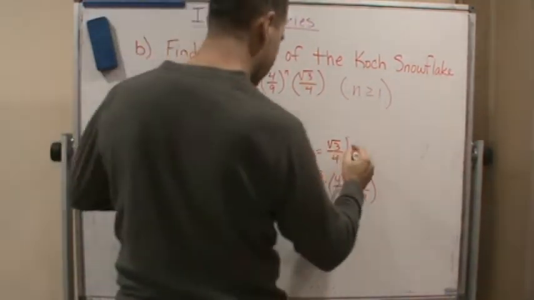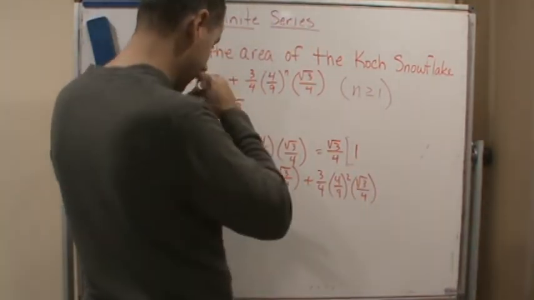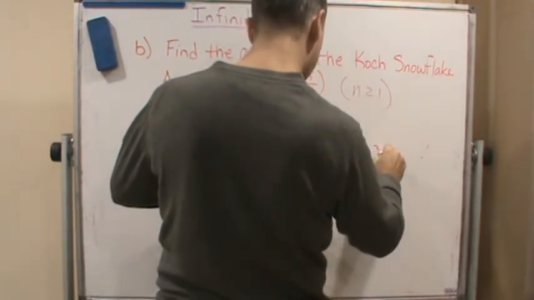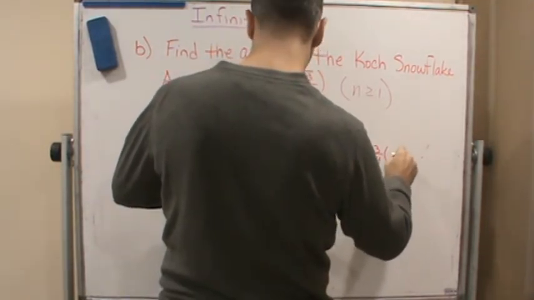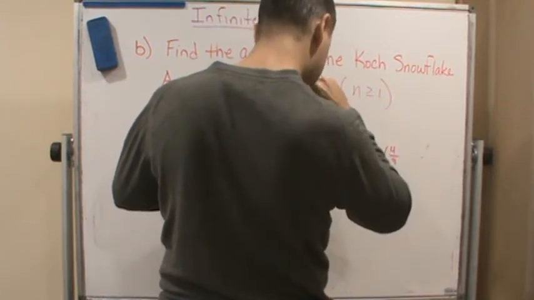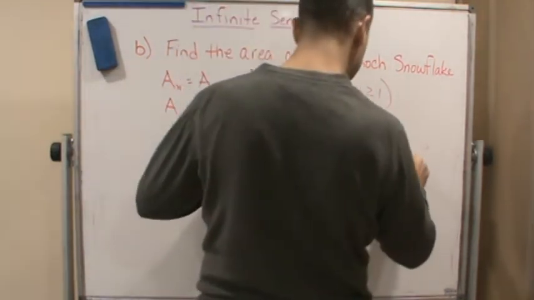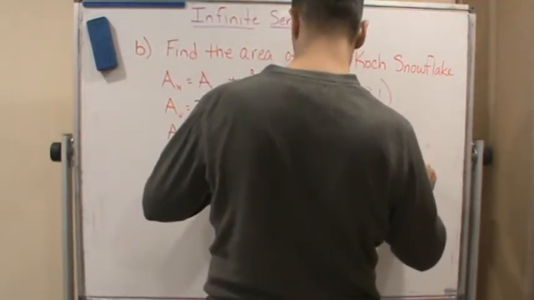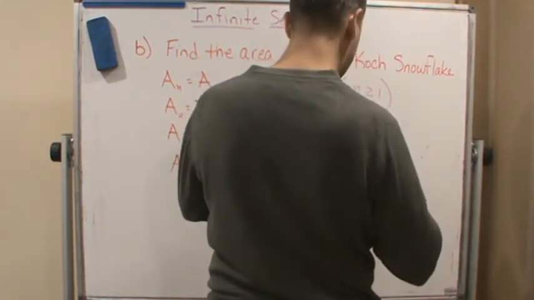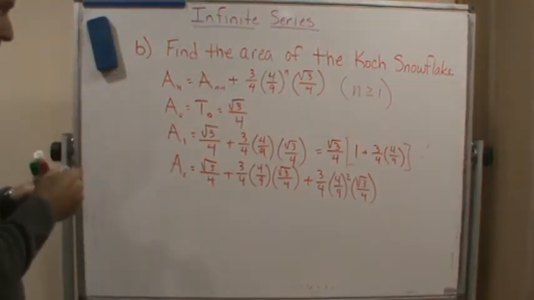We get 1 plus 3/4 times 4 over 9. Okay, so that's that one.